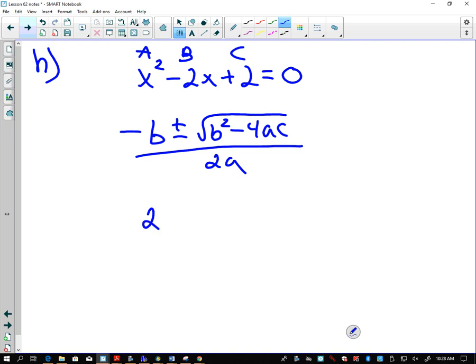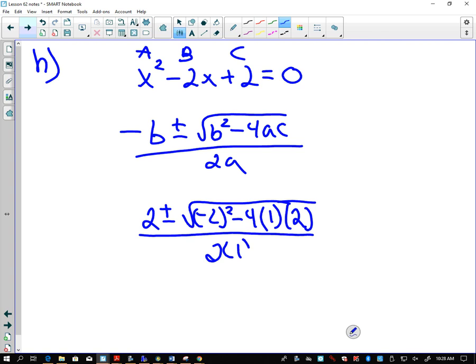Positive 2, because this really just means the opposite of b. Plus or minus the square root of negative 2 squared minus 4 times 1 times 2. Does everybody understand where those numbers come from? Okay, hopefully. All over 2 times 1.